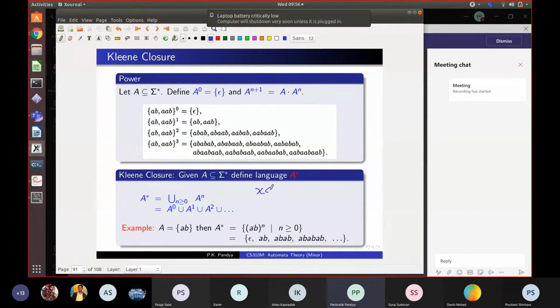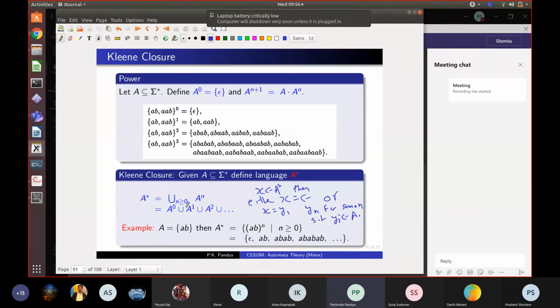If X belongs to A star, then either X is equal to epsilon because it belongs to A to the power 0, or X is of the form y1, y2, yn for some n such that each yi belongs to A. This is the only way in which a word can get into A star, and all such words are in A star.